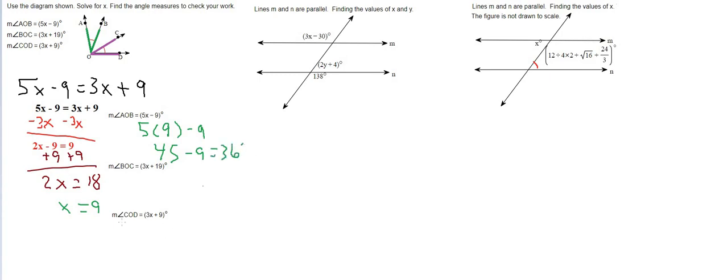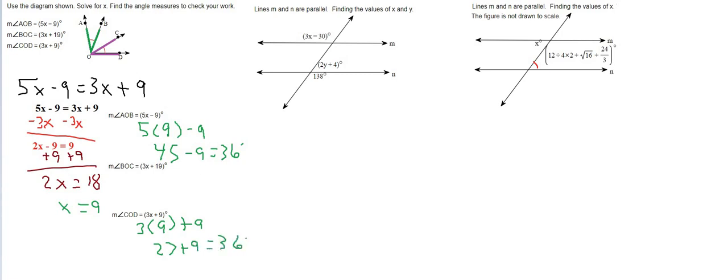Now we're also expecting angle COD to be 36 degrees since they're the same. So if I put 9 in for the x there, 3 times 9 plus 9, 3 times 9 is 27, and 27 plus 9 is 36, so that's a good sign for us.